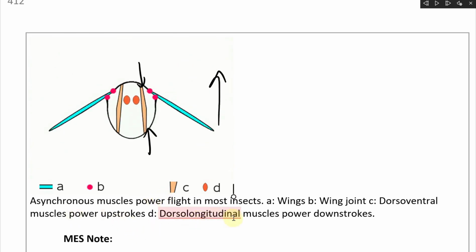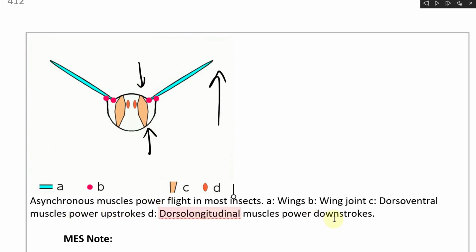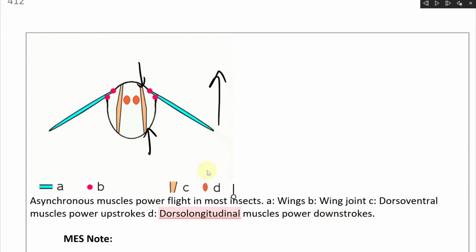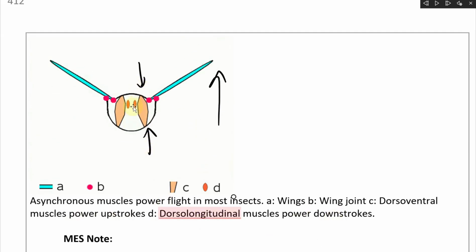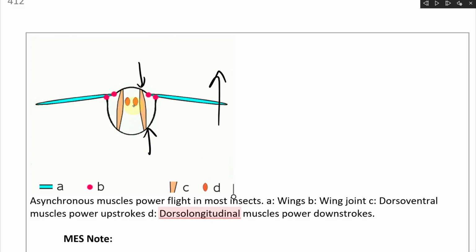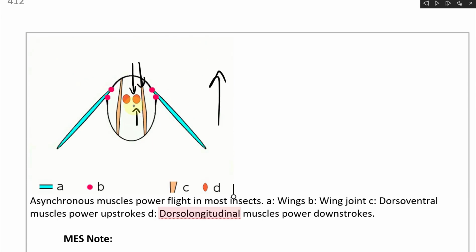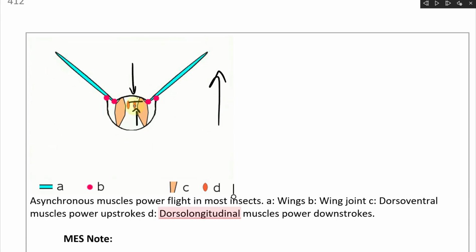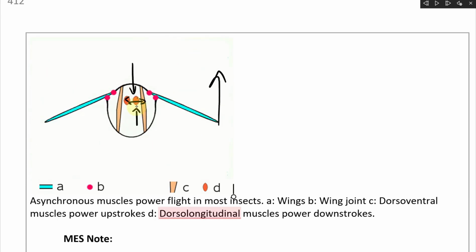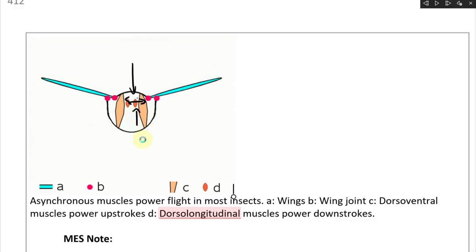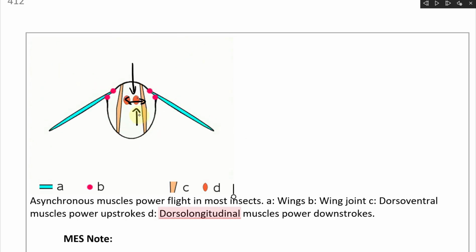And then the dorsal-longitudinal muscles power the downstrokes. When the dorsoventral is compressed, these ones are relaxed, so they just squeeze closer. But when these ones compress, they expand outwards, and that pushes on the dorsoventral muscles, which are inactivated during this phase, so they're not compressed.